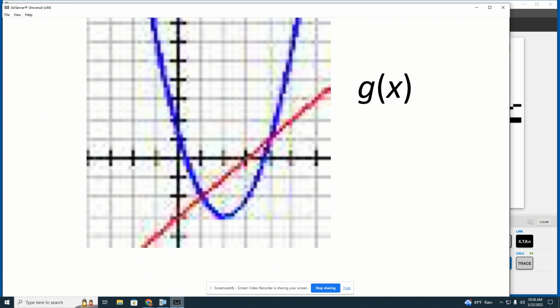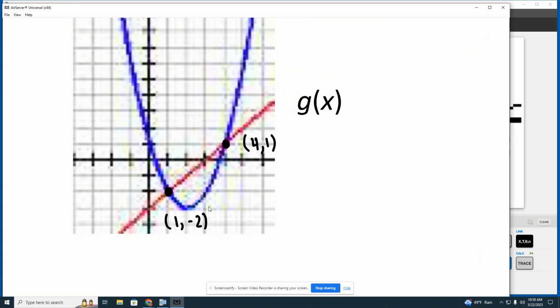I'm still, in this case, looking at these 2 locations where these 2 graphs intersect. So this one right here is 1, -2. And this one right here is what? 4, 1. Those are still my ordered pairs where these intersect.